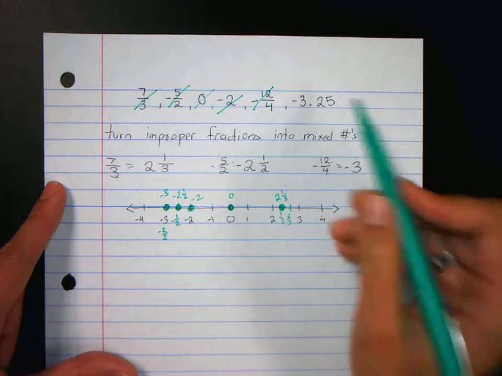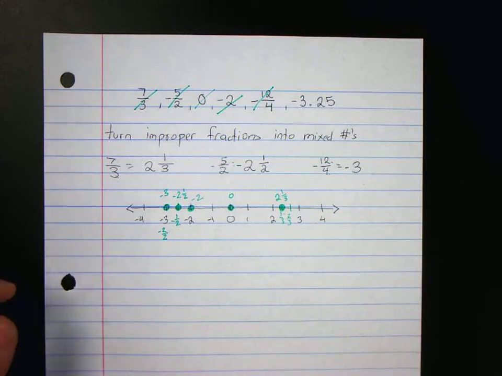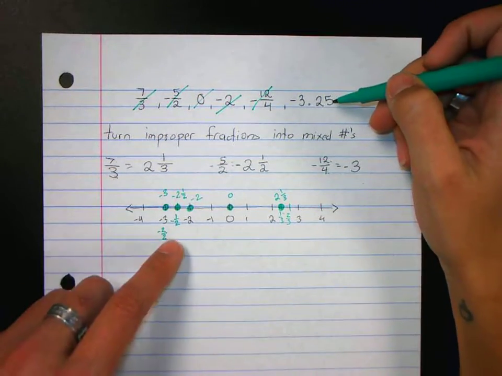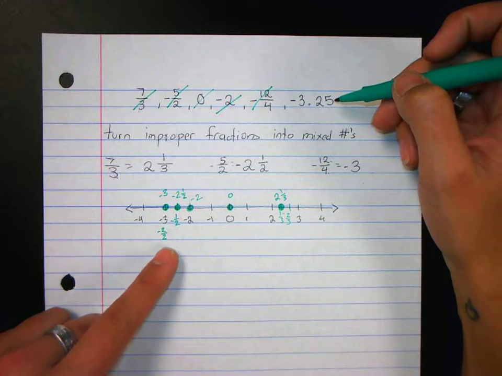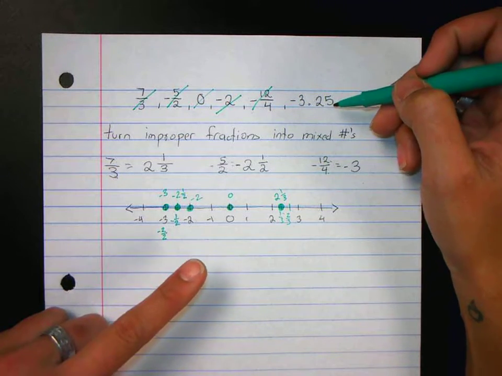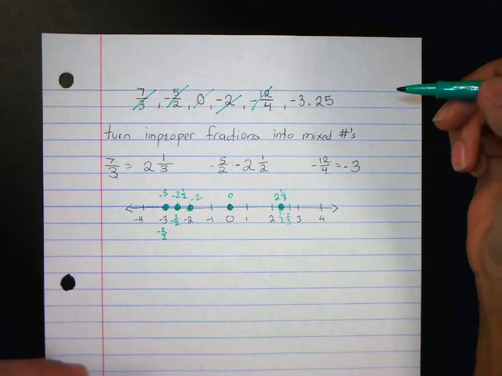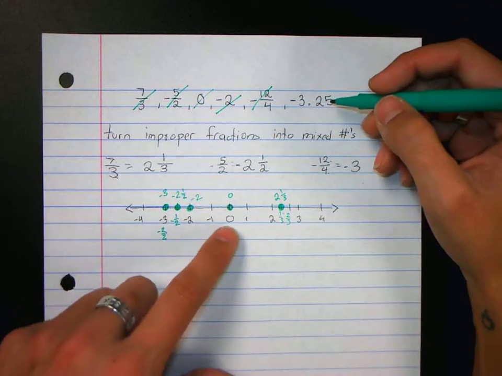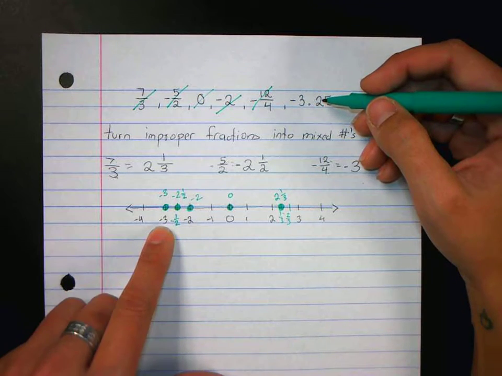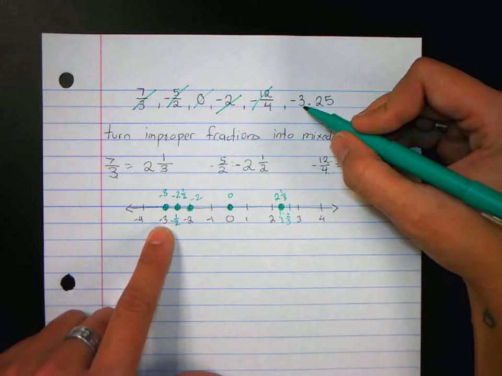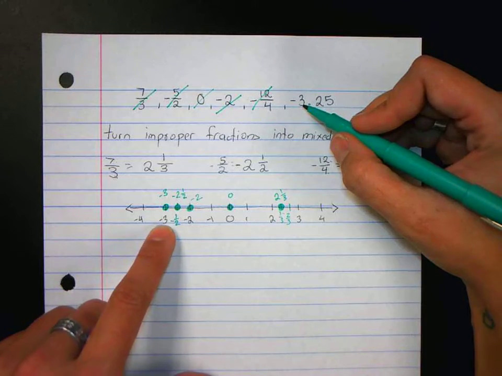And our last one, -3.25. Alright, we've worked with decimals before. The most recent one was 3.75. Same idea, we're still breaking it up into quarters because 25 cents, you break things up into quarters. So we're still going to work with the negative side. I know I'm going to go to -3 because -3 is my whole number, and then I'm going to work my way out from 0, okay?